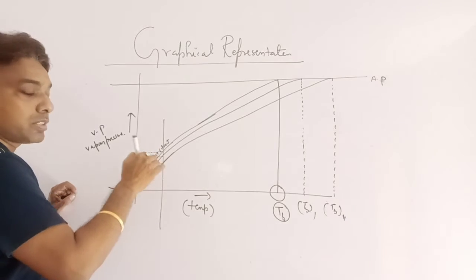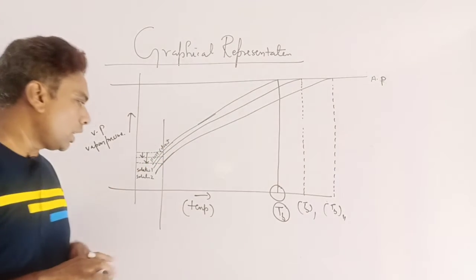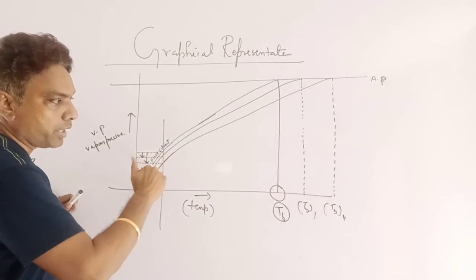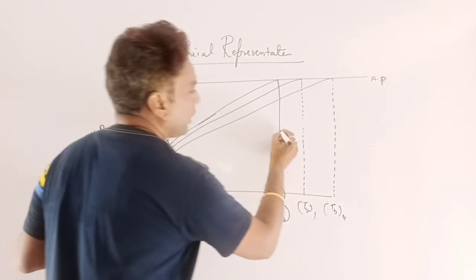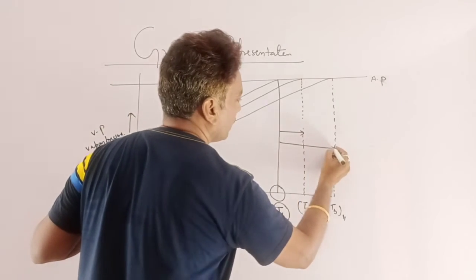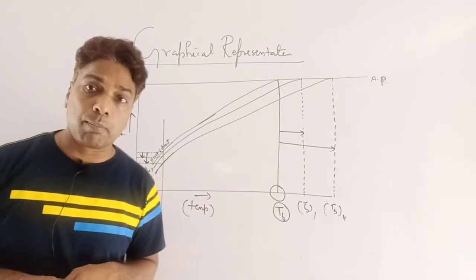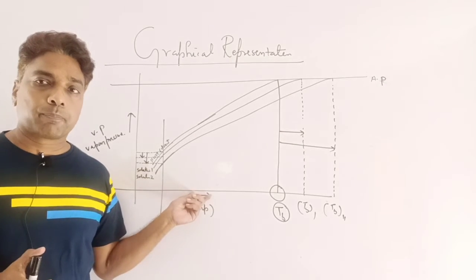As we mix more solute in the pure solvent, the vapor pressure of the solution decreases, and as the vapor pressure decreases, the boiling point is elevated. So elevation of boiling point directly depends upon the number of particles of solute. So it is a colligative property.